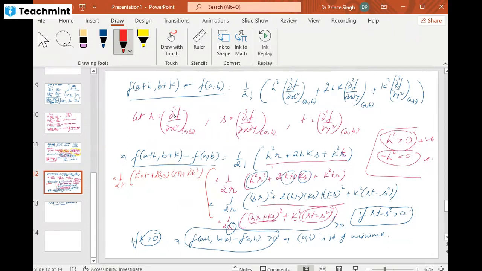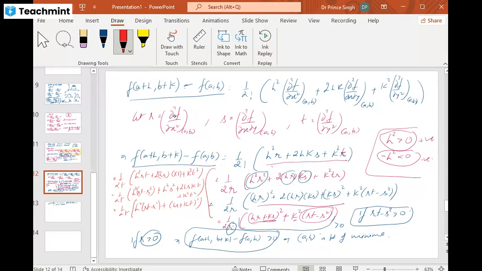I need to simply add and subtract h square s square. So h square RT minus s square, and here h square s square plus 2hs kt plus k square t square. Then this is equal to 1 upon 2t times h square times RT minus s square plus hs plus kt whole square.